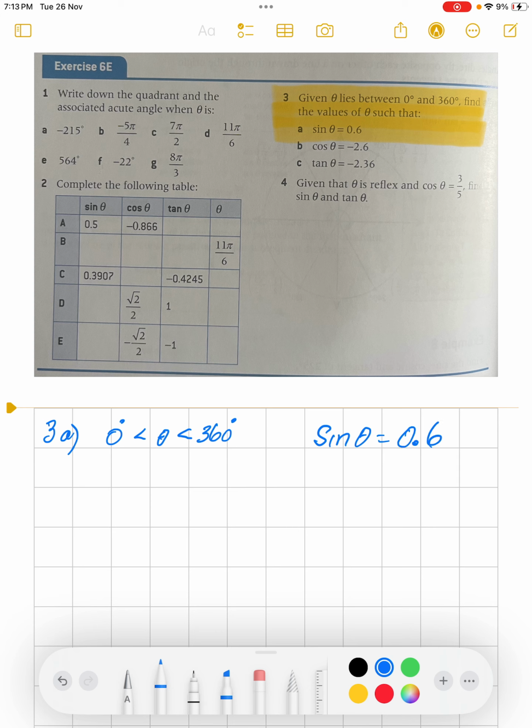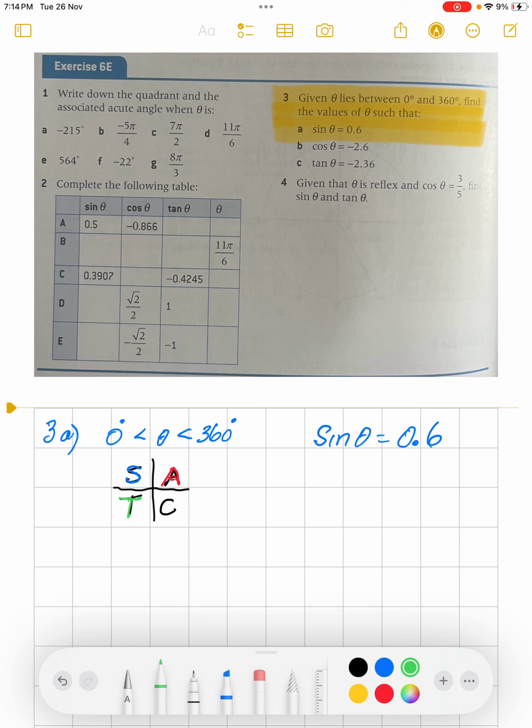Now, let me just make one statement here. I like to still use the tools CAST, which means all of the ratios are positive in the first quadrant. Only sine is positive in the second quadrant.